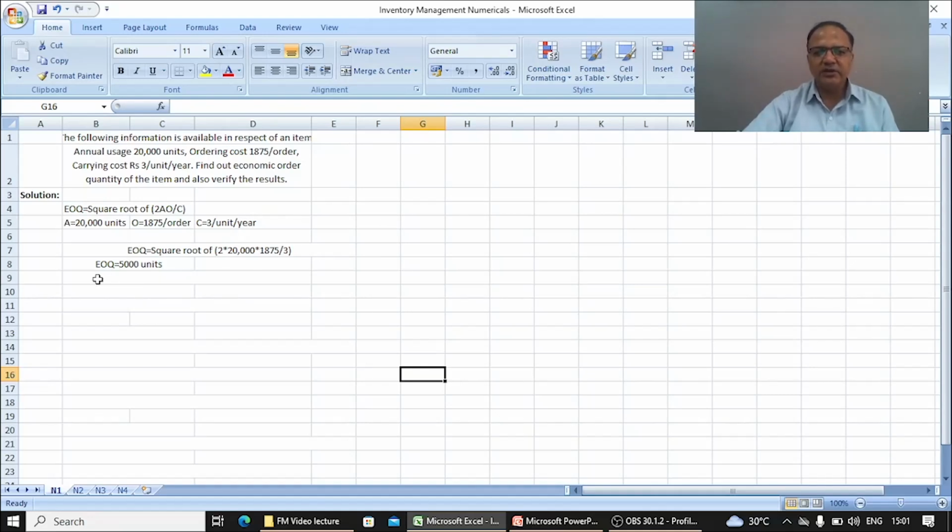Verify the result means if EOQ is 5,000 units, total cost should be minimum here. So let's check, when EOQ is 5,000 units, what will be the total cost?